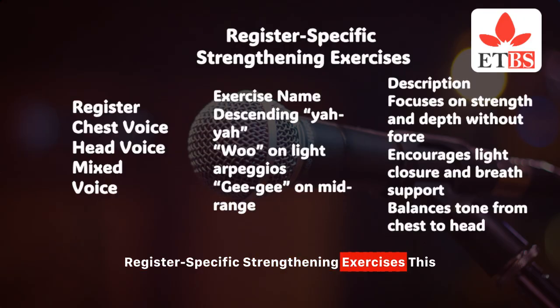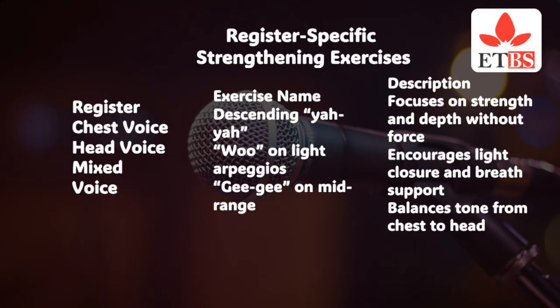Register-specific strengthening exercises. In this course, we will be using register, exercise name, and description in our table. First, chest voice. Descending ya. Focuses on strength and depth without force. Second, head voice. Woo on light arpeggios. Encourages light closure and breath support.